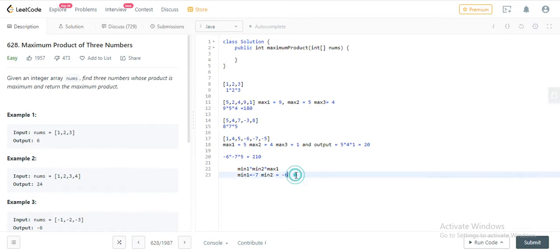So our solution could be the maximum of min1 multiplied by min2 multiplied by max1, or max1 multiplied by max2 multiplied by max3.